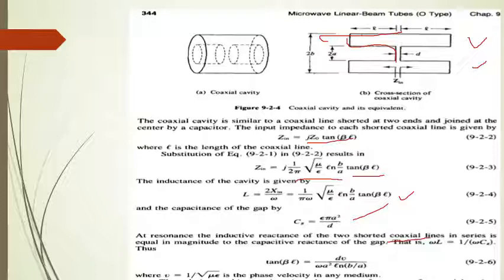When they solved, they got the equation in terms of tan beta L is equal to this equation. Now the speciality about this equation is that being a tan function means it supports an infinite number of modes, meaning your re-entrant cavity is capable of creating many modes of oscillation, which is a great boon for us at microwave frequency. That's all for re-entrant cavities.